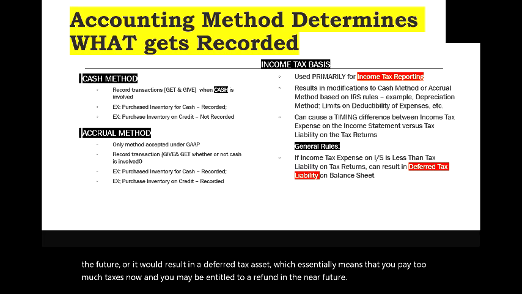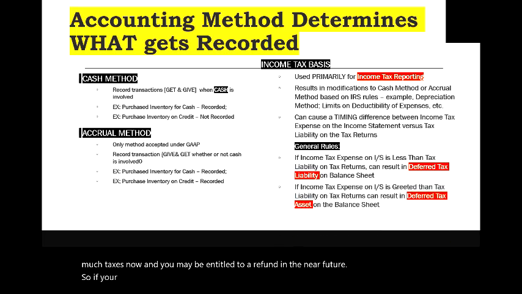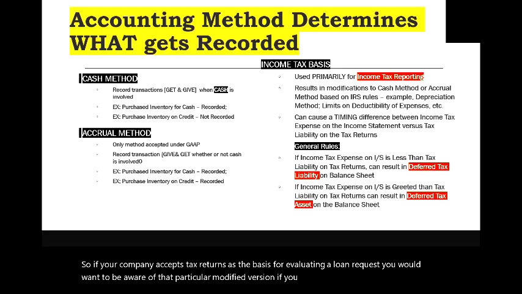So if your company accepts tax returns as the basis for evaluating a loan request, you would want to be aware of that particular modified version, if you will, of the cash method.